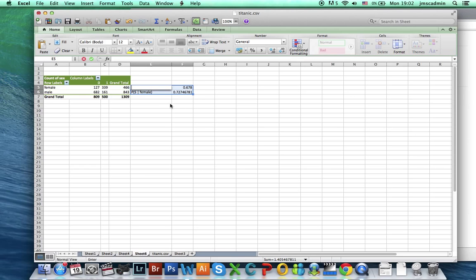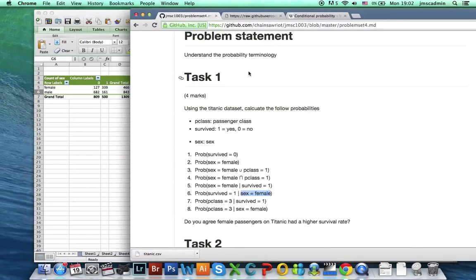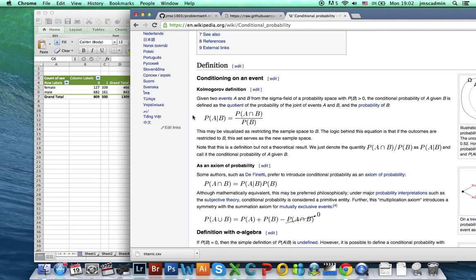And the one final thing that I want to show you is that this method we are using is actually the same as the method that Wikipedia told you.